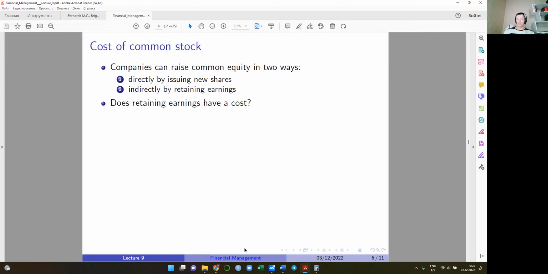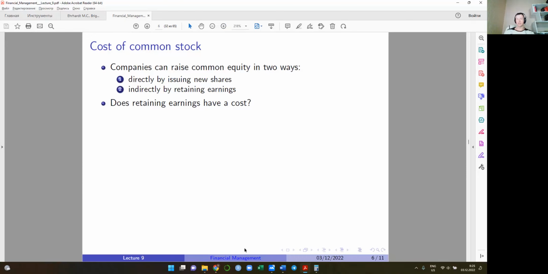Now the question is, we are speaking about cost of equity. Does retaining earnings have a cost? Well, it seems like nobody requires the return on retained earnings.